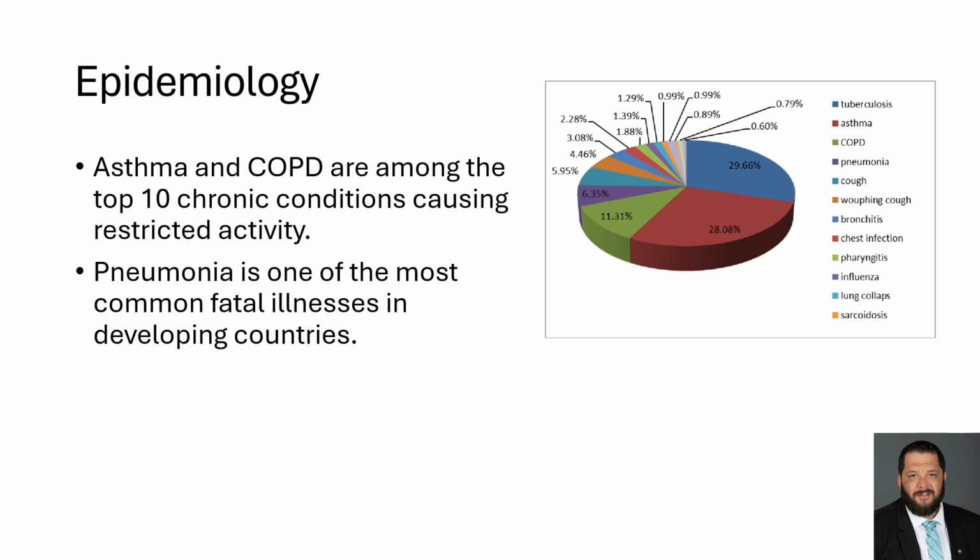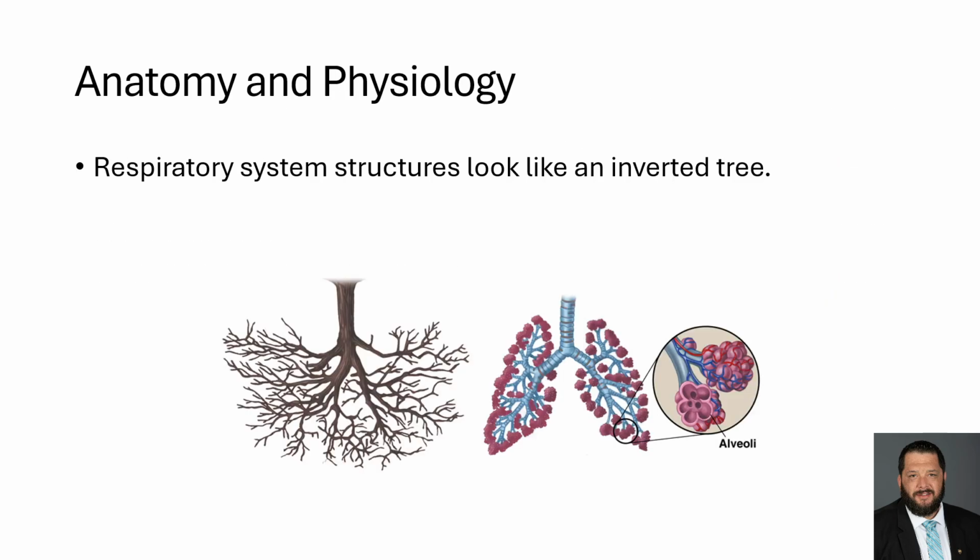In other words, these are among the top 10 chronic conditions that prevent a person from living a full and active lifestyle. Pneumonia is one of the most common fatal illnesses, particularly in developing countries. And you can see here a table that breaks down some of those most common respiratory diseases in our population.